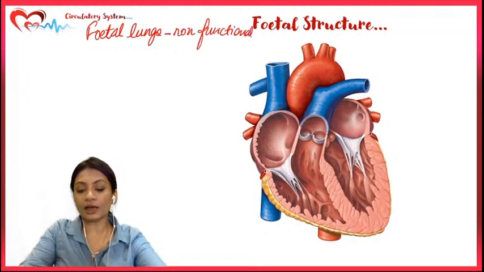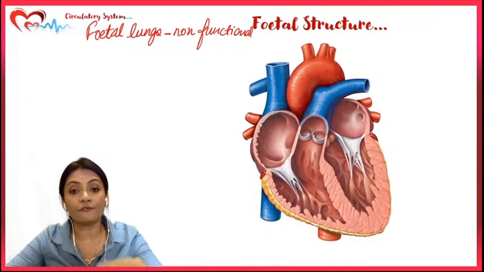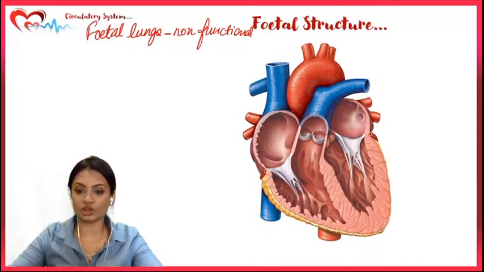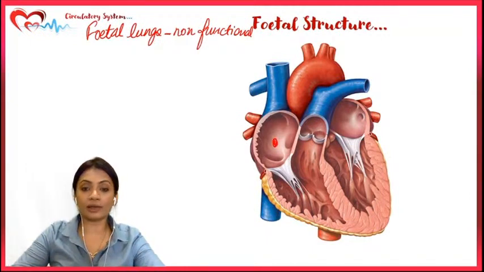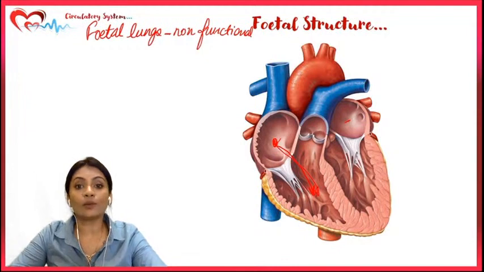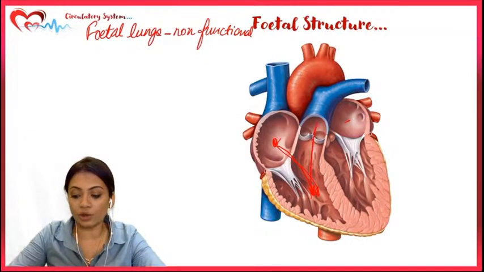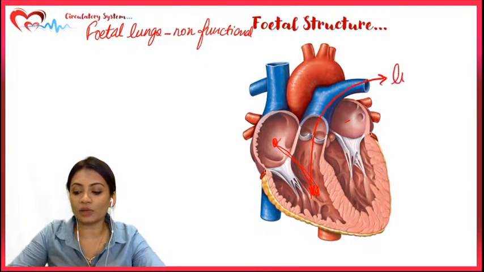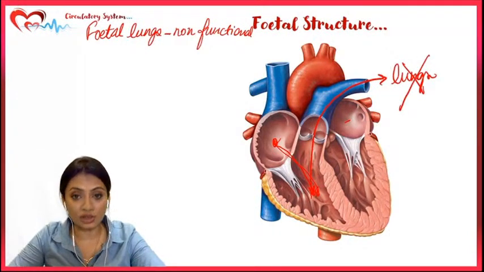Okay. Fetal lungs are non-functional, and if fetal lungs are non-functional, imagine if the deoxygenated blood entered here and then if that blood is taken downwards, instead of going on the left side, then what will happen? From this ventricle, it will go here and it would be taken to the lungs. But fetal lungs are non-functional, so there is no use of doing that.